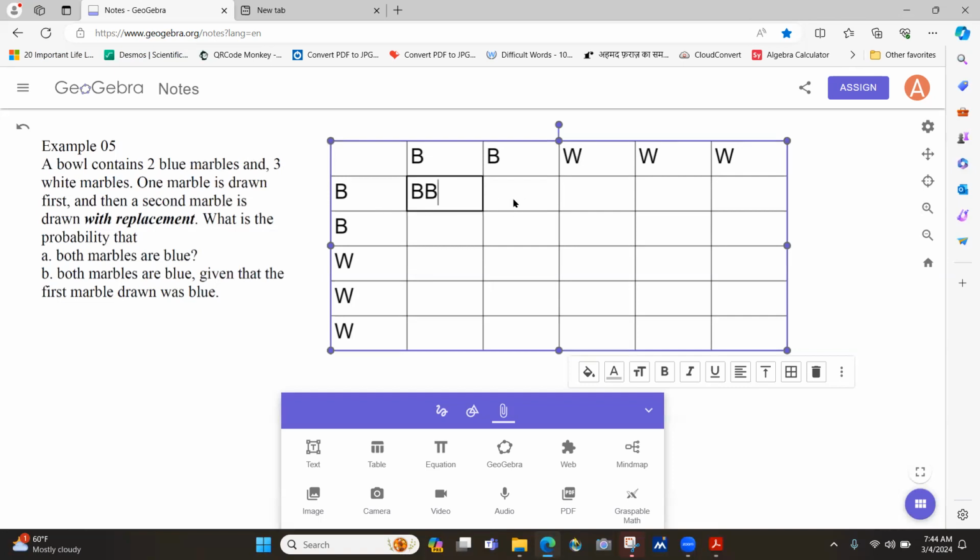So you could get BB, BB, BW, BW, BW. Let me see if I can copy paste this. Seems like it won't take it, but that's okay. BB, BB, BW, BW, BW.